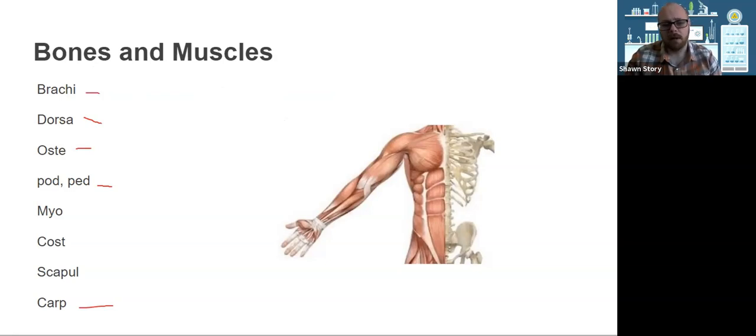Bronchi means arm. So a lot of the things with the arm have that word attached to it. Like brachial, I know like the nerves, we talk about the brachial nerve and the brachial plexus, the nerve right here on the side. So the brachial is always arm related stuff. Myo is muscle.